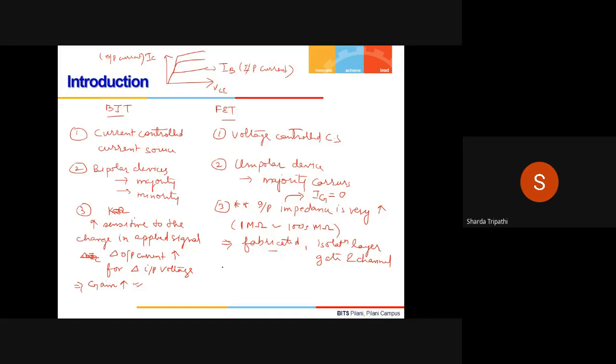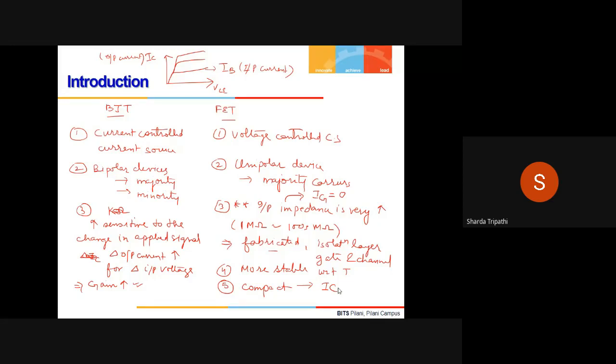Why? Because the FETs are actually more stable with respect to changes in temperature. And also one of the very important points is the size of FET. So generally these FETs are more compact compared to the BJT. Therefore, a very important use of FETs is in the fabrication of integrated circuits.